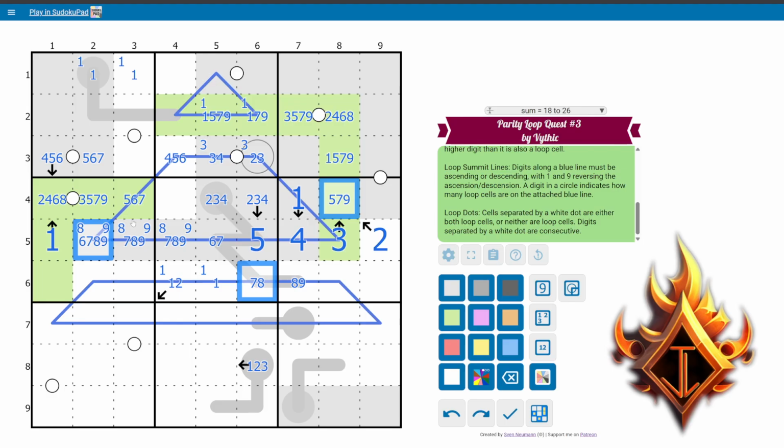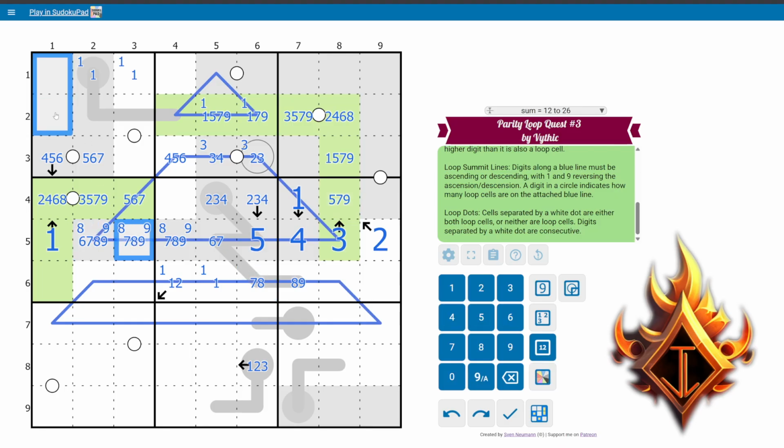That would be 5 or 6. That could be 9. That could be 8. You know, if this is 9, 9 would go over here. That's all good. If that is 9, 9 would have to go there. That'd be all good too, I guess.